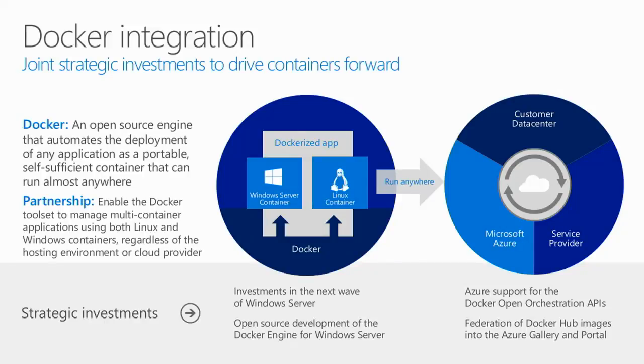The key point to make is that the one shared aspect of containers is the kernel of the operating system they're running on, so they don't have their own kernel, which means that Linux containers can only run on Linux kernels, and Windows containers can only run on Windows kernels. We're obviously investing a lot in Docker to make Windows containers real and usable.